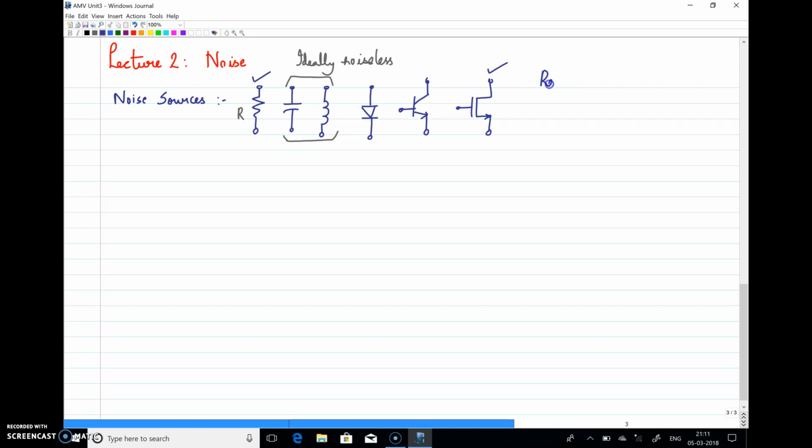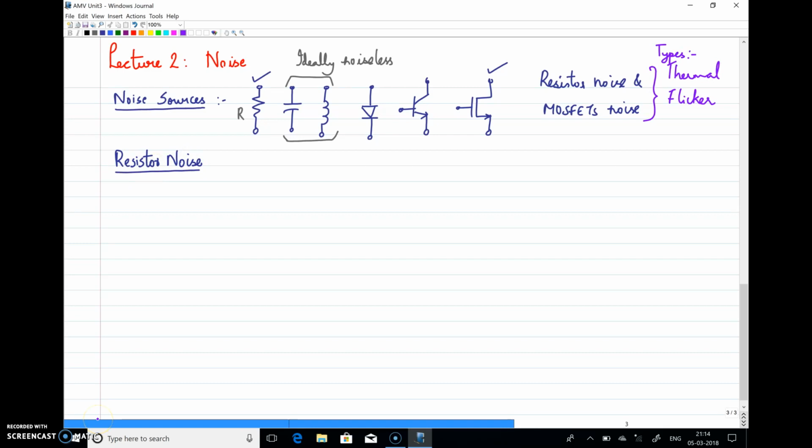So we'll first look into resistor noise.